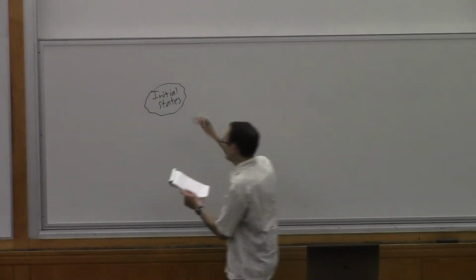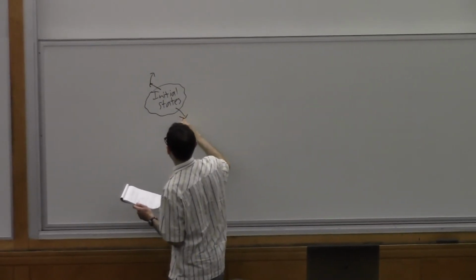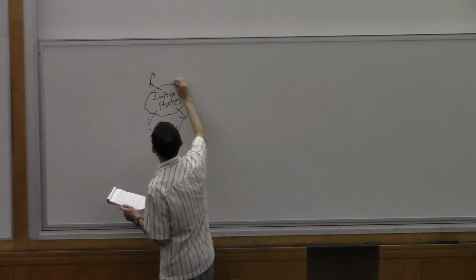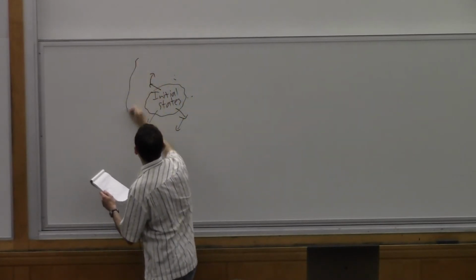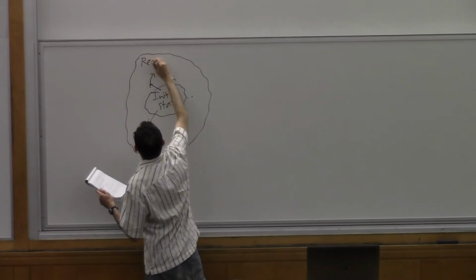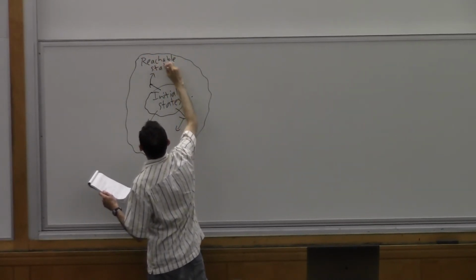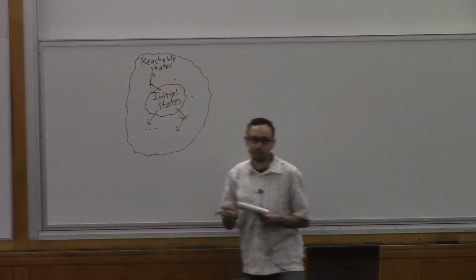And then from those, we can somehow branch out and consider all sorts of different steps we could take in reaching all sorts of different other states. And this expands out from the initial states to the full set of reachable states in the transition system that we've defined.